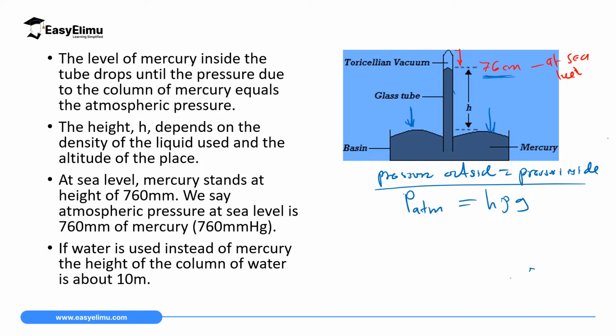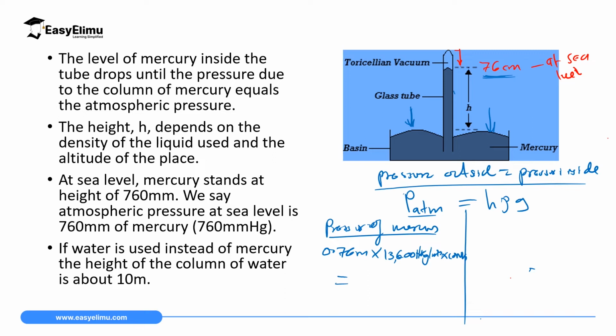So if we calculate the pressure of mercury, this pressure of mercury will be the same as the atmospheric pressure at sea level. So if here we have 76 centimeters, it means in meters it is 0.76 meters times the density of mercury, 13,600 kg per cubic meter, times 10 newtons per kg.